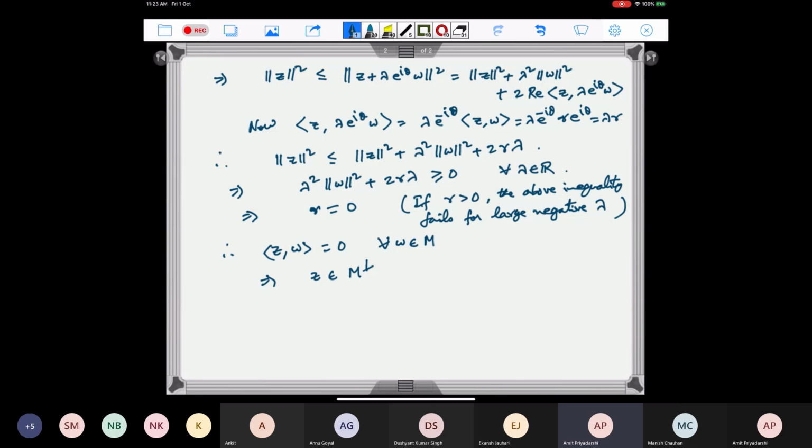Okay, let me try to write it properly. If lambda is suppose negative, then what do we get?